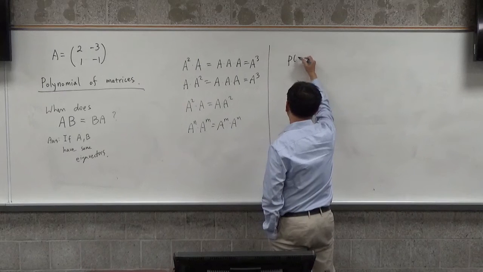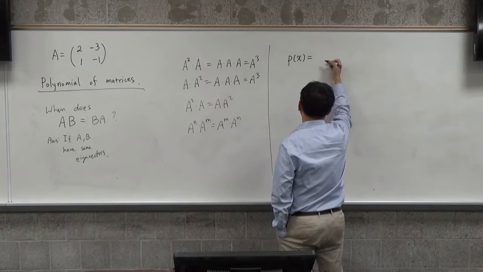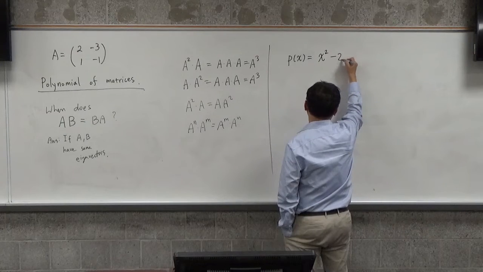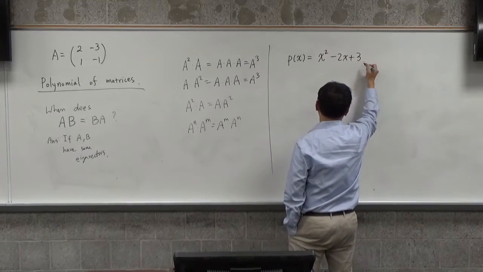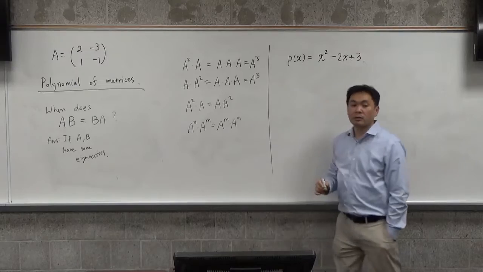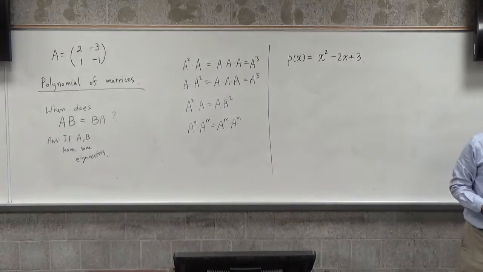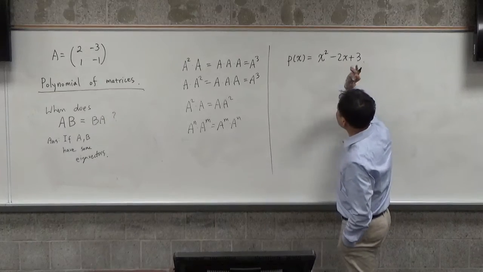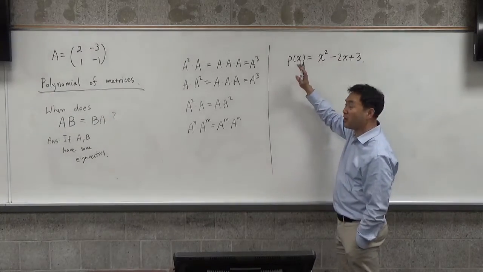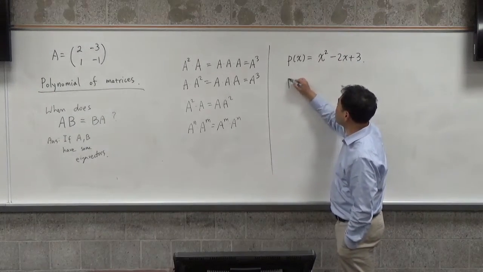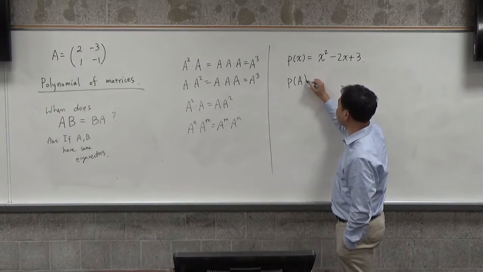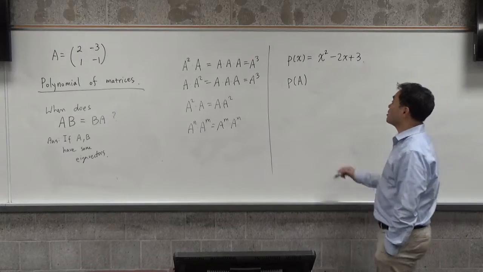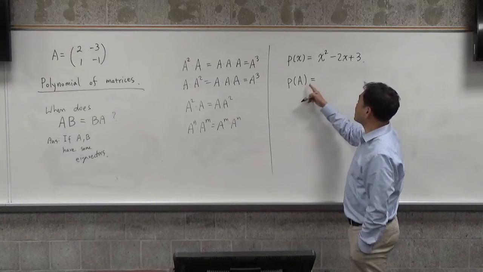Suppose you have a polynomial P(x) equal to x squared minus 2x plus 3. If you have a polynomial, you're supposed to only plug in real numbers, but you can take that polynomial and plug in a matrix. Just like that. And then we need to write down what that means.